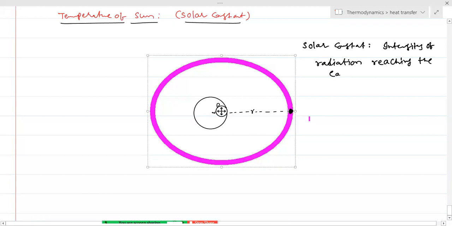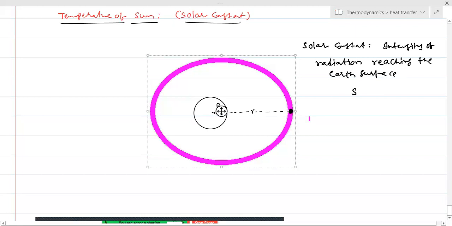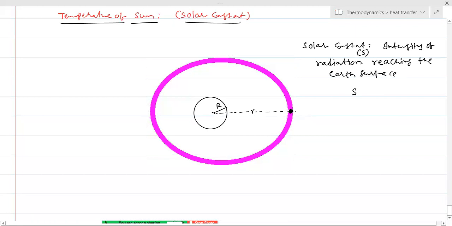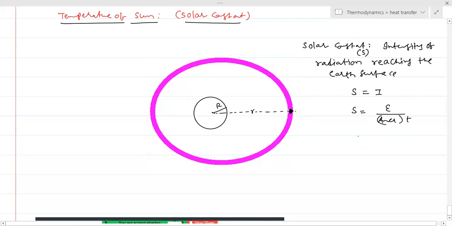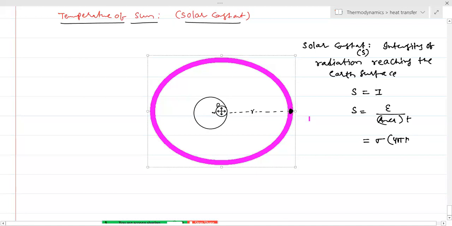Simply, in one word, intensity of radiation. That is SC, the solar constant, generally symbolized by the letter S. S is nothing but intensity. Already we know that intensity means energy by area into time. E means energy emitted by the black body, that is the sun, so sigma into area 4πR² into T power 4.